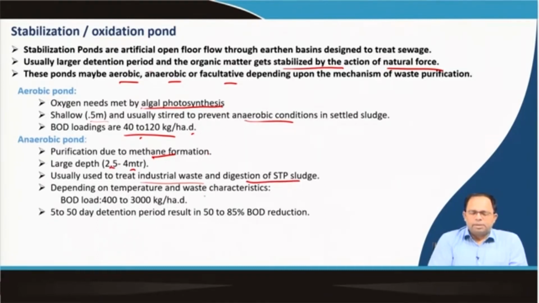Depending on the temperature and waste characteristics, BOD load could be 400 to 3000 kg per hectare per day, which is much higher than the BOD loading of aerobic ponds, and a 5 to 50 day detention period results in 50 to 85% BOD reduction. So, the detention period is even in months, instead of days.